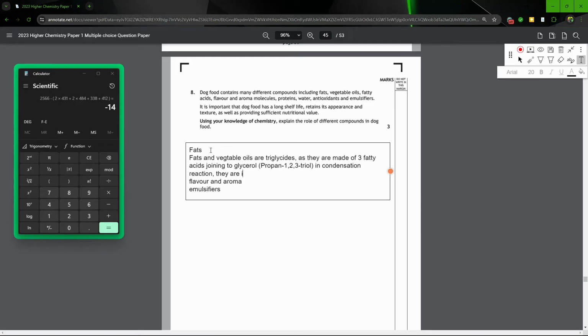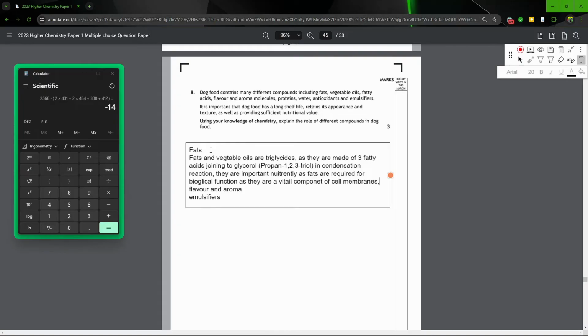They are important nutritionally, as fats are required for living, I guess, required for biological function, as they are a vital component of cell walls, of cell membranes, I should say, sorry. Membranes.